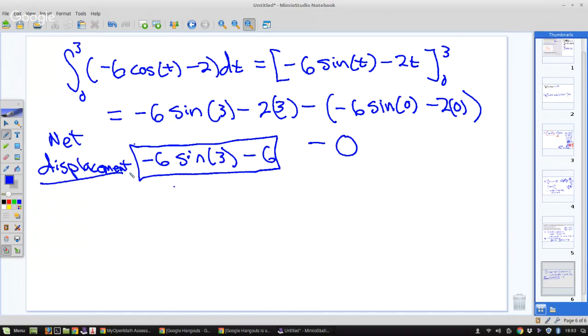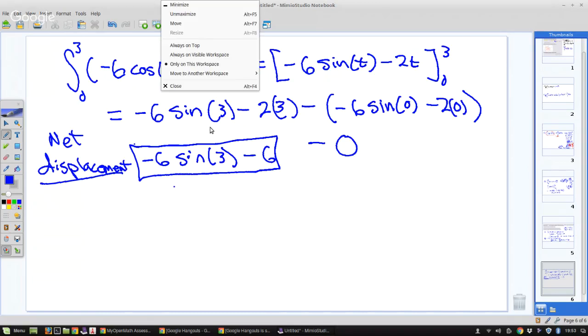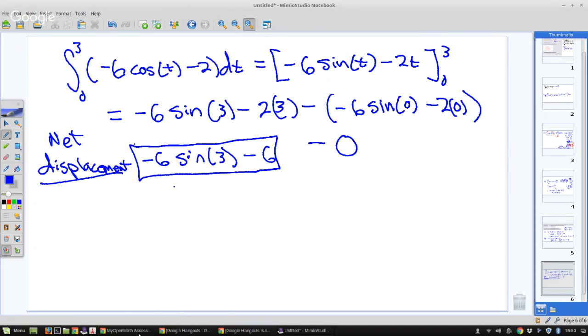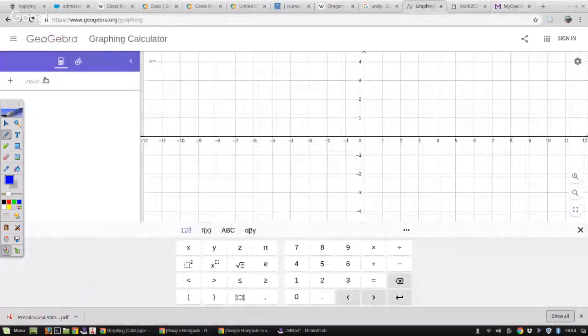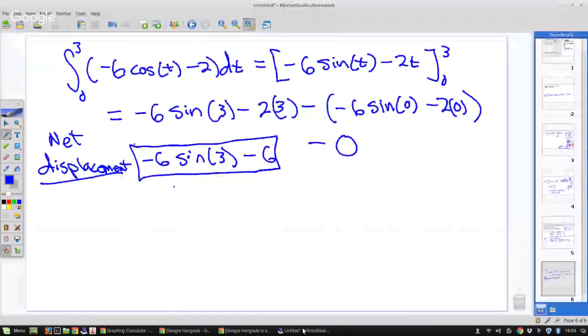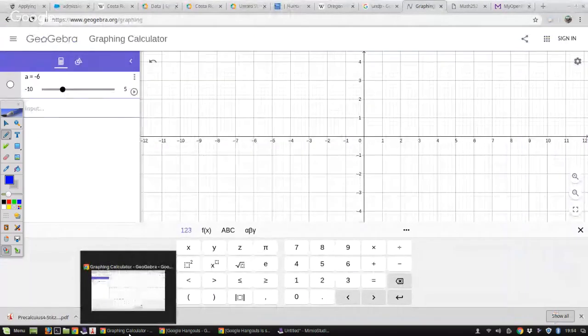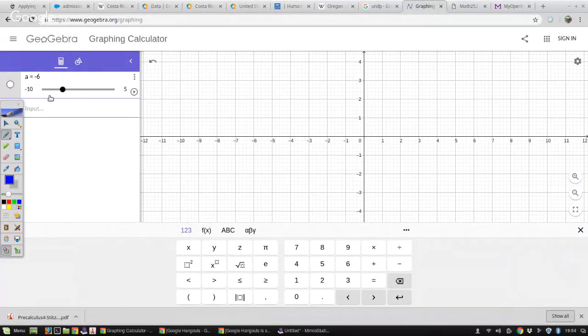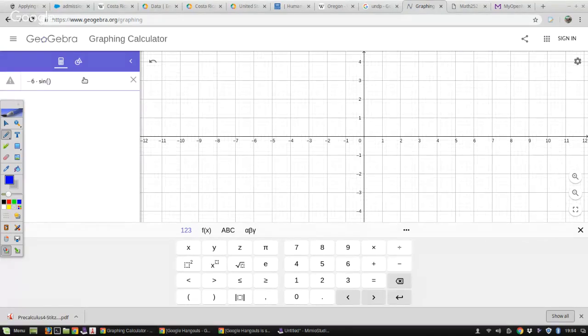We can plug that into a calculator and get an evaluation of it, which probably would be a good idea. So let's see. Calculator. Negative 6 times the sine of 3 minus 6.